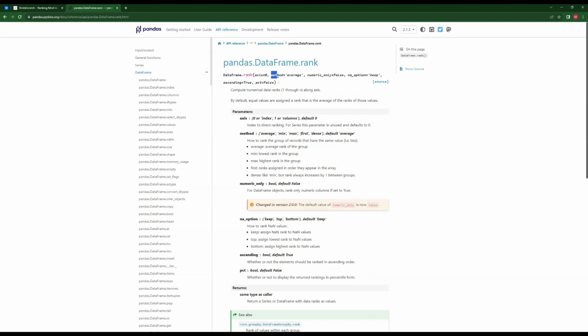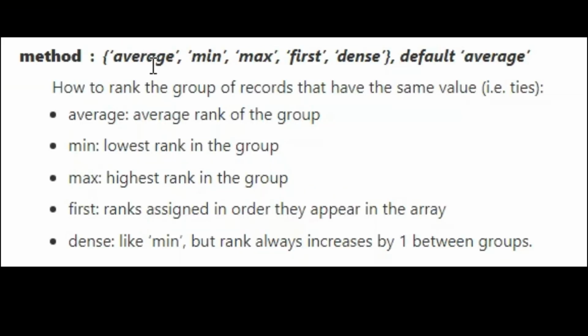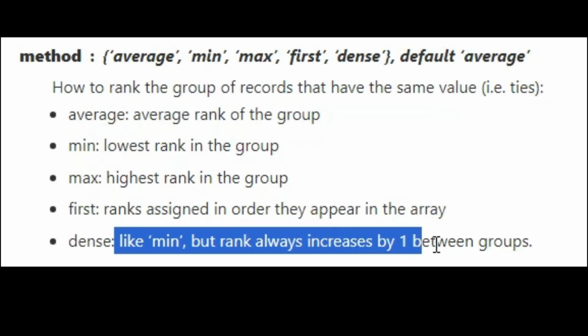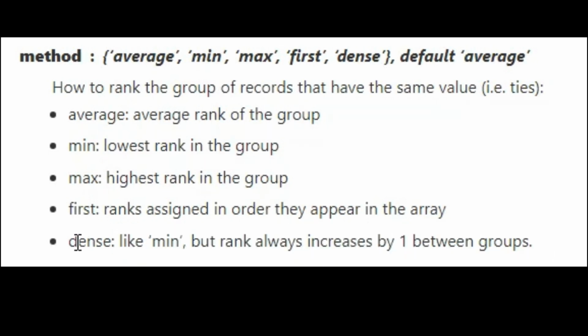I think what's interesting for us is the method here, and the different options we have are average, rank of the group, not quite. Minimum, no. First, also not quite, because that wouldn't follow the logic that the assignment said. Dense, like min, but rank always increases by 1 between groups. I think this is exactly what we're looking for.